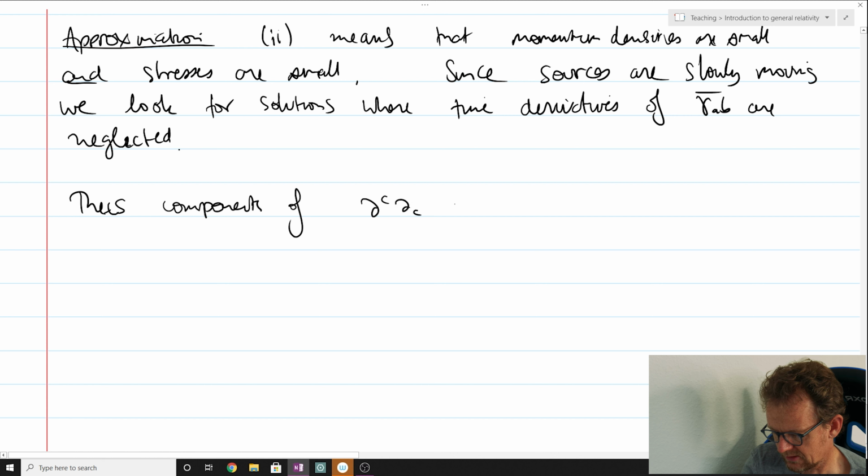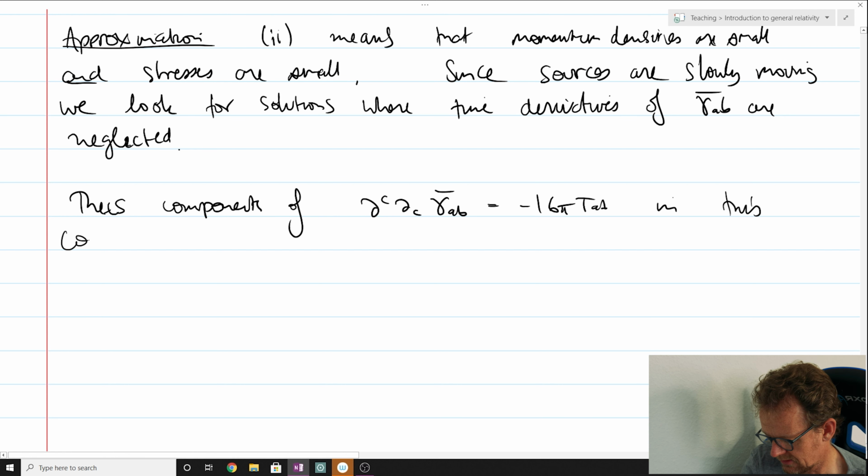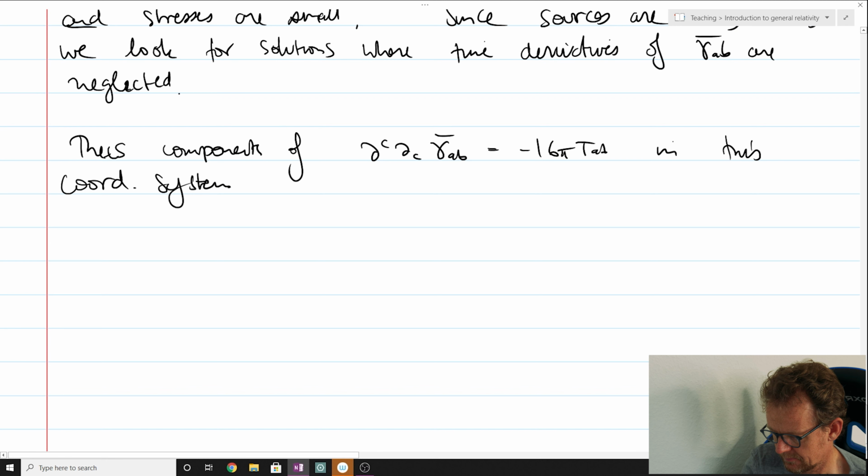So here's the linearized Einstein field equation in the gauge where everything is nice and simple. So box gamma bar AB equals minus 16 pi TAB. So in this new coordinate system, a whole bunch of components will vanish.